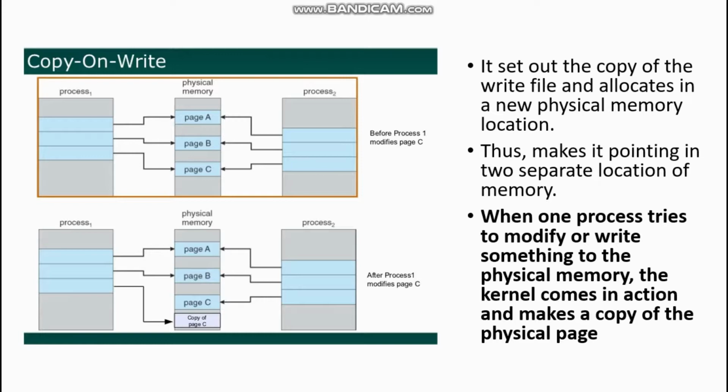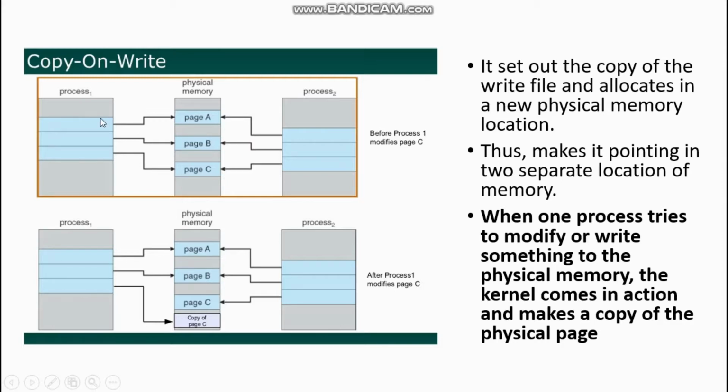So I'm going to explain the copy-on-write. Basically, the copy-on-write mechanism makes a copy of the written file and allocates it in a new physical memory location, making it point to a separate location in memory. In simple terms, in this diagram, this is before the copy-on-write mechanism is applied.